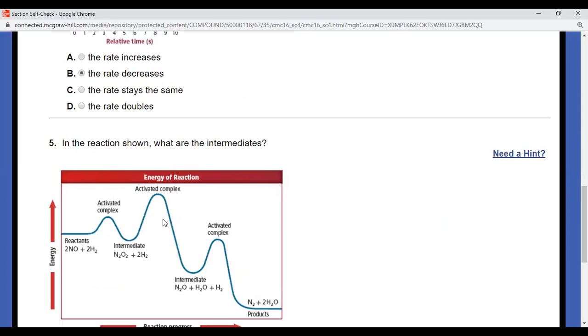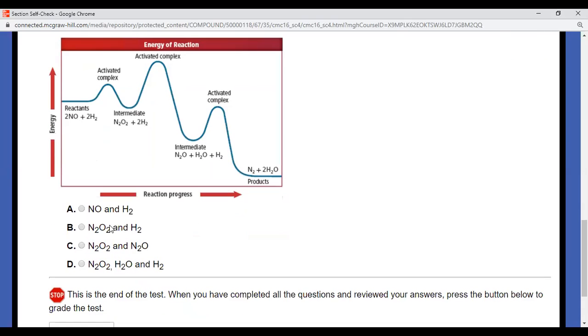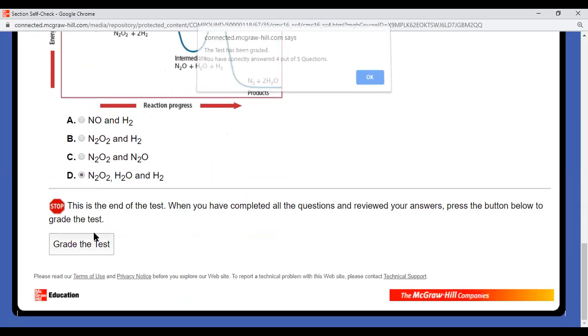The last question: in these reactions that we studied now, what are the intermediates? We have two intermediates. A, B, C, or D? D. Okay. Now we are going to grade this test.